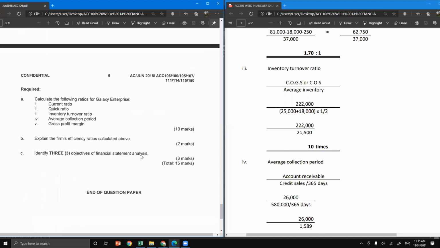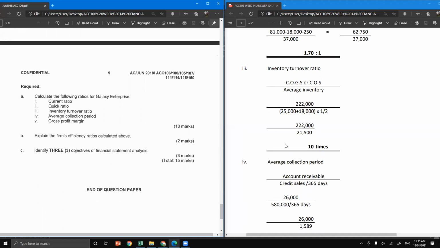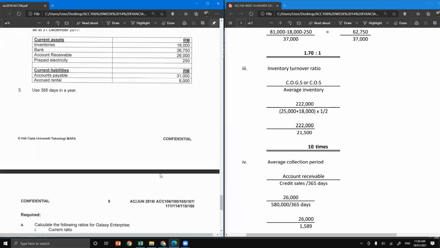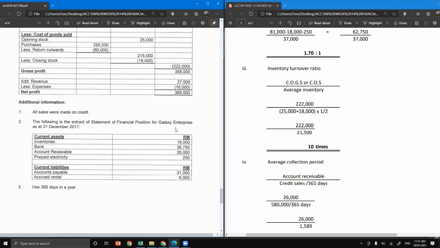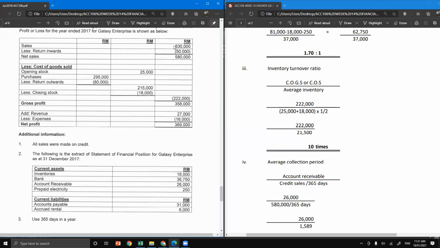And for number 4, you need to calculate the average collection period. The formula is accounts receivable divided by credit sales, divided by 365 days. Accounts receivable is in additional information 2 under current assets, stated at 26,000 ringgit. For the credit sales, the amount is 630,000 ringgit, as mentioned in additional information 1.